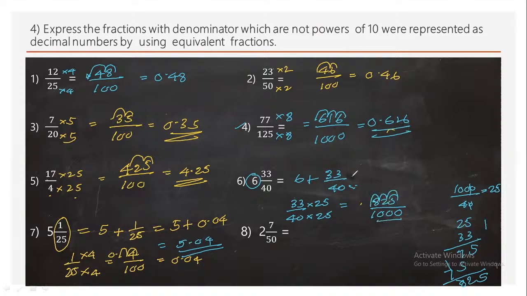So you can add 0.825 to the whole number. Then you can write 6 plus 0.825. So what is the answer? 6.825 is the answer here.